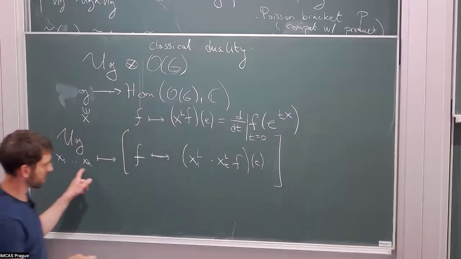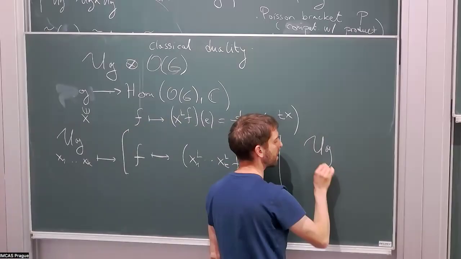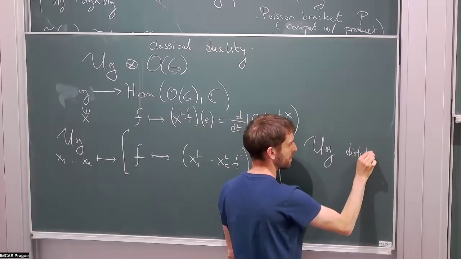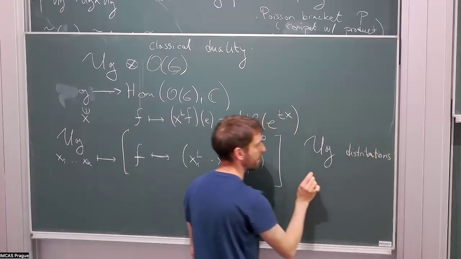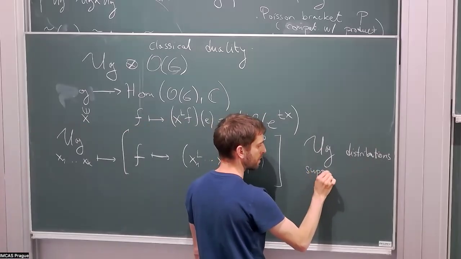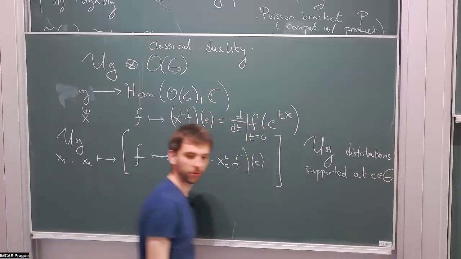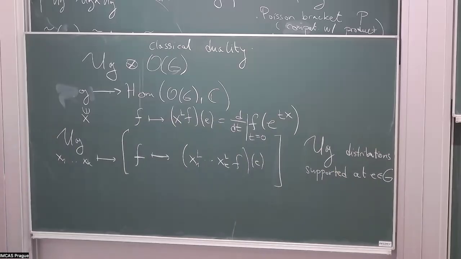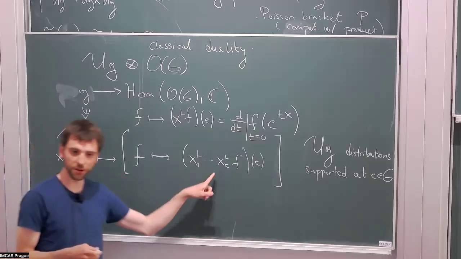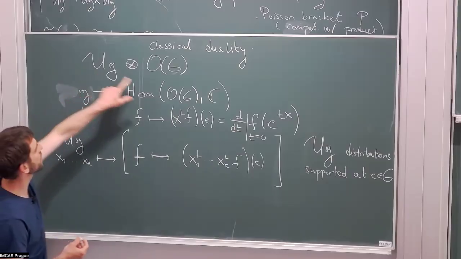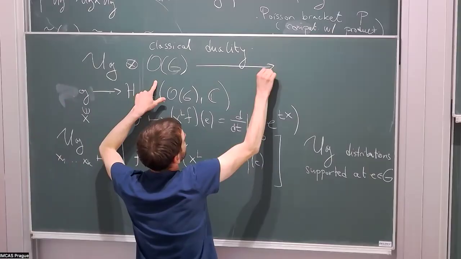So what people say, we see UG as distributions, but they are supported at the identity of the group, which means that they only really depend on the value of the function at any neighborhood of the identity. Because you just take the function and its derivation, and then always you evaluate at the identity. And this gives you a pairing from UG tensor OG into C.